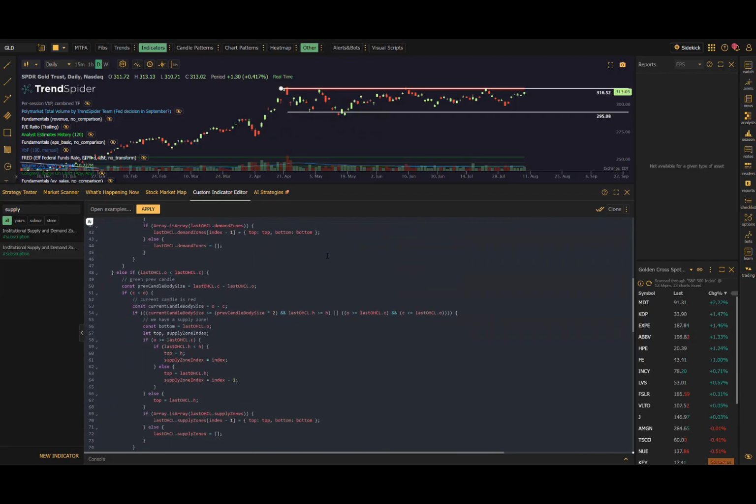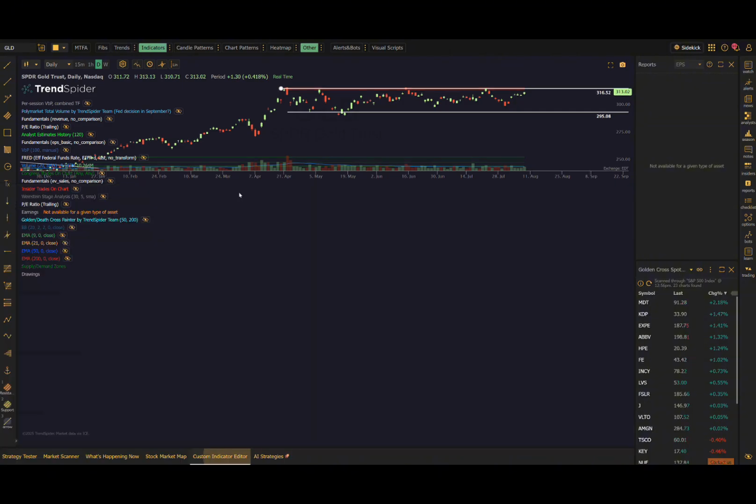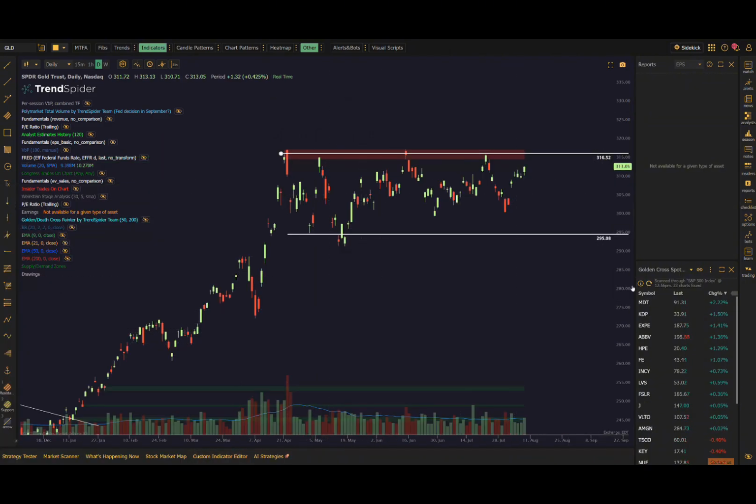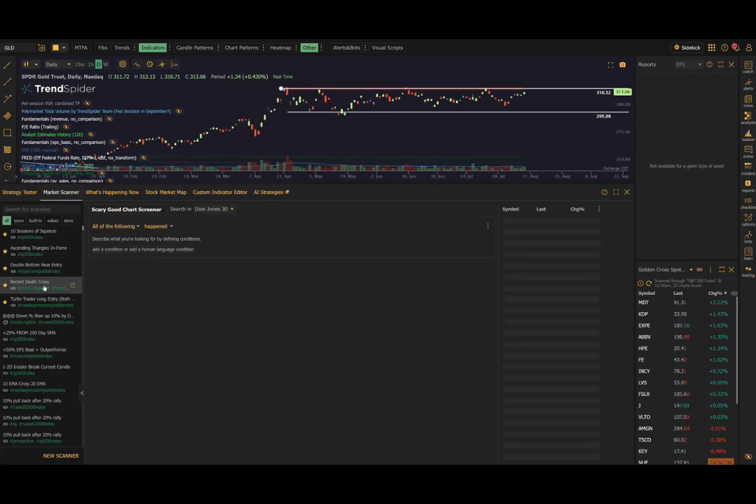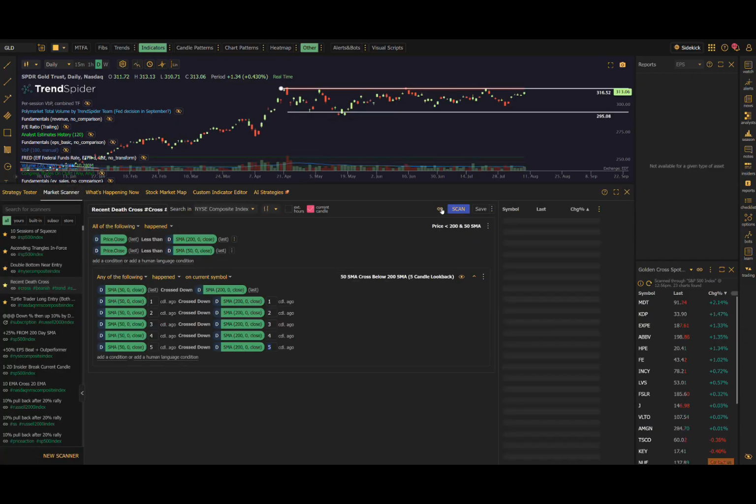Cool. And then someone asked, can you add a line of code to make it refresh every hour or 30 minutes? For the scanners, I don't think we have a way to code it to auto refresh, but you can do scheduled scans. Sorry, one sec, that was the wrong button.